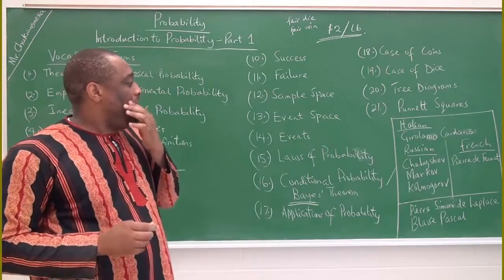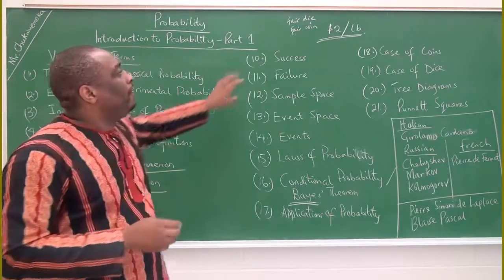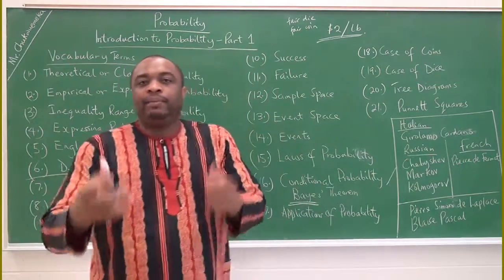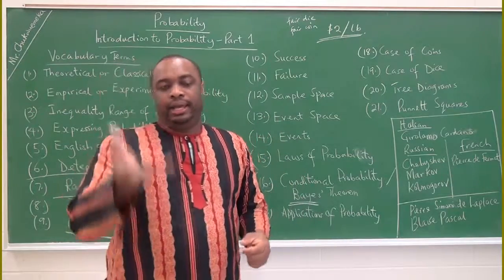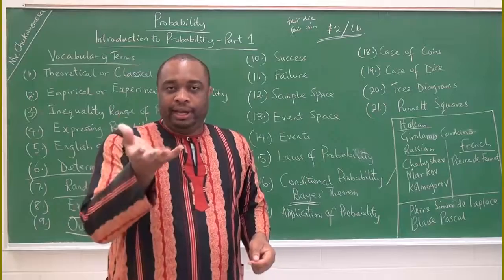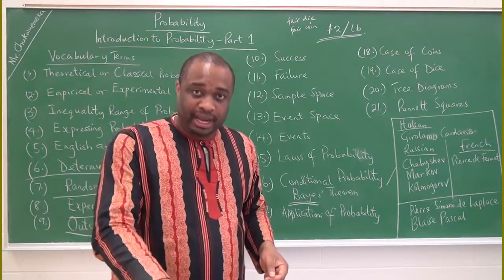Now, where was I? Success is what we call a favorable outcome. Let's say you toss a fair coin and you want the head. You want it to land on the head.